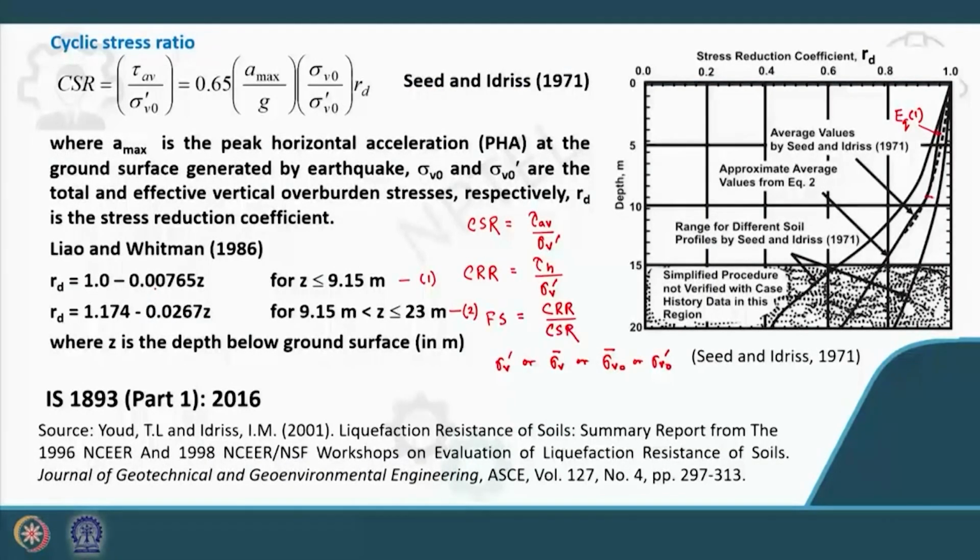That means you understand that the cyclic stress ratio, the stress developed during an earthquake, is the same whether you use the field test data or lab test data. Even in the lab test, whether you use the cyclic triaxial data or simple shear data doesn't matter, the CSR value or the tau average expression is the same.